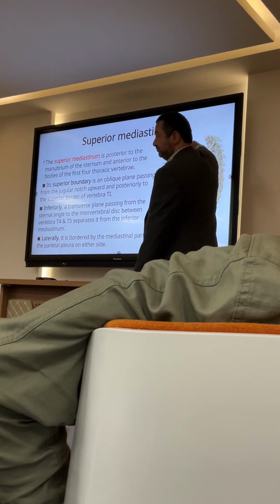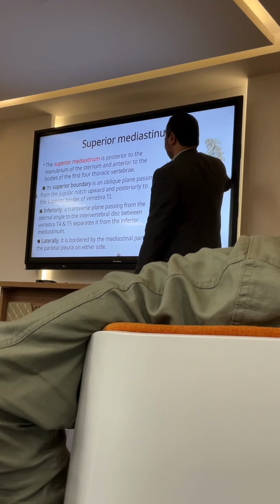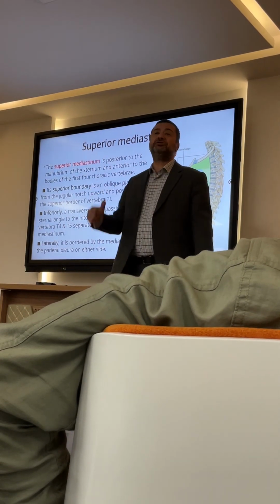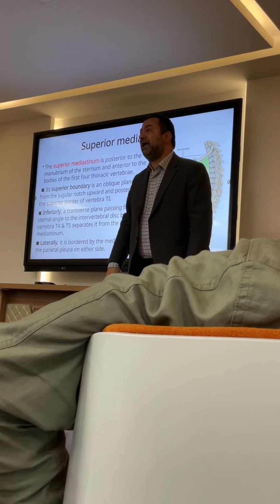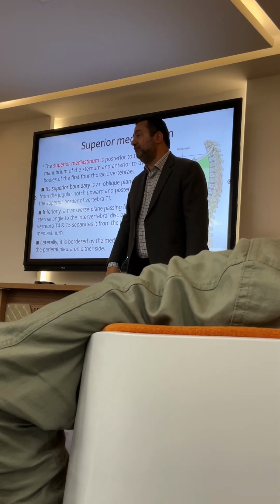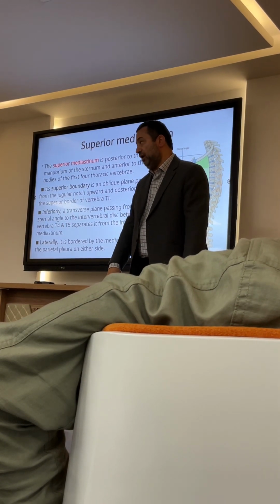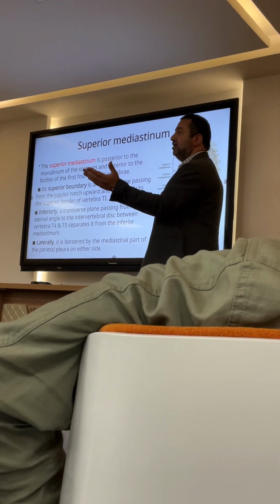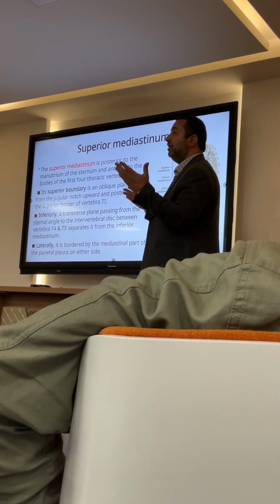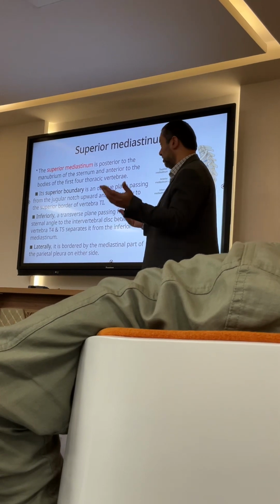This is oblique. The inferior border is a conventional plane between the sternal angle and the intervertebral disc between T4 and T5. And the lateral walls of the superior mediastinum are the parietal pleura on each side.